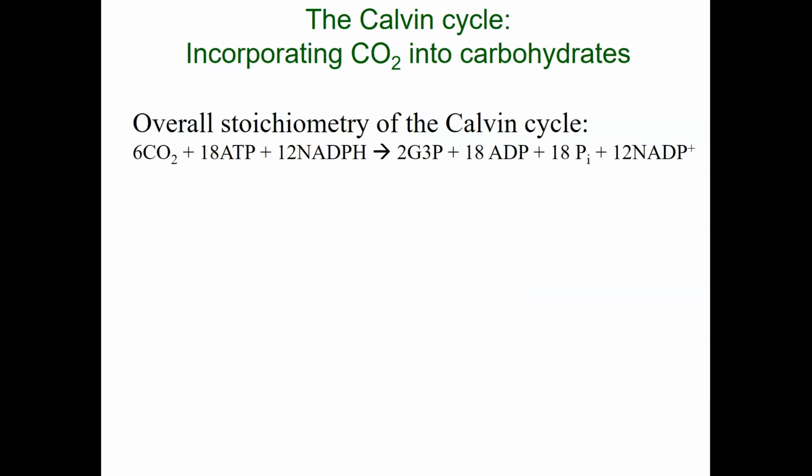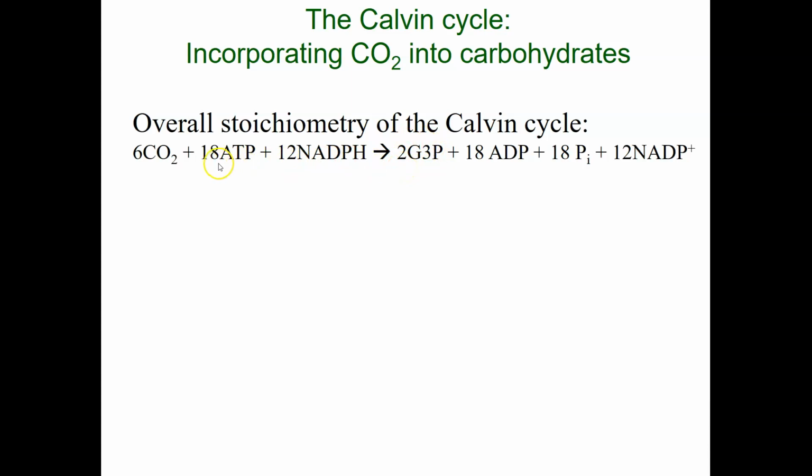So if we're looking at the overall stoichiometry of the Calvin cycle itself, what we're going to be doing is taking 6 CO2 molecules and converting that into 3-carbon molecules, which is known as glyceraldehyde 3-phosphate. So 2 glyceraldehyde 3-phosphates would be necessary to make 1 glucose molecule.